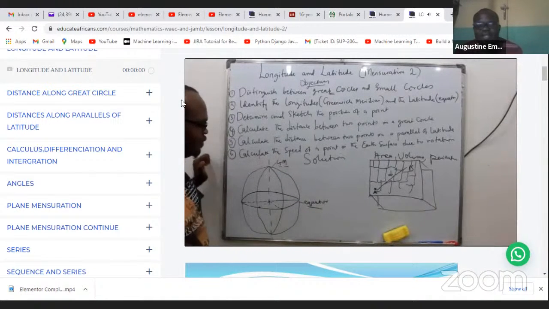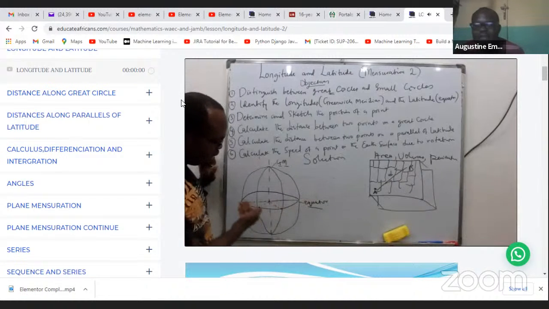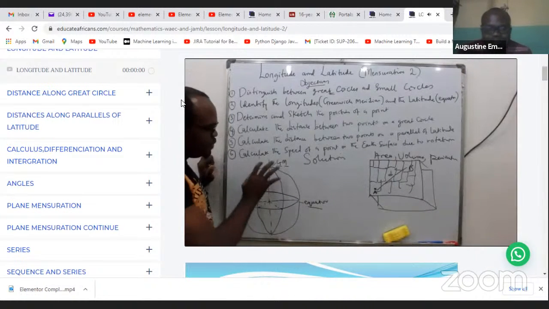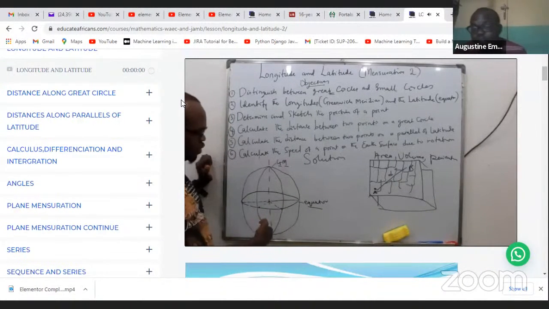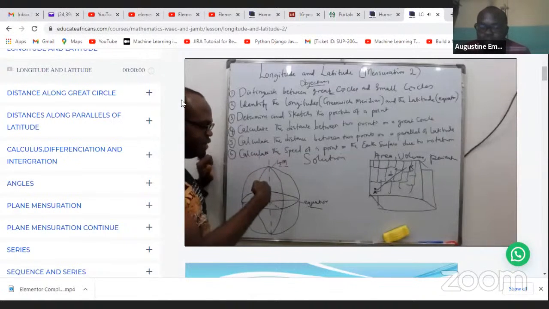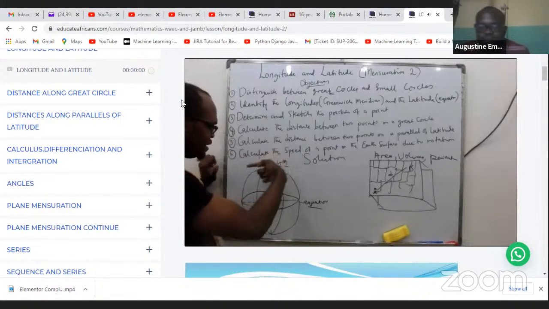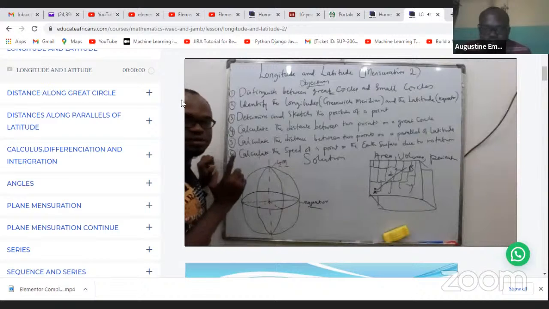A great circle is a circle that when you cut through it, you get two equal parts of the sphere. An example is the equator, and examples are all the meridians, including the Greenwich Meridian.